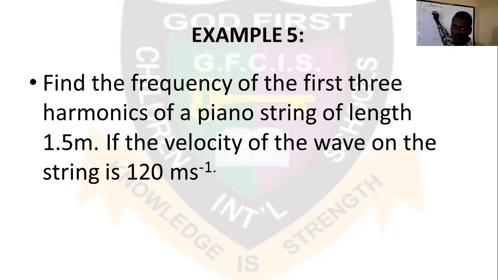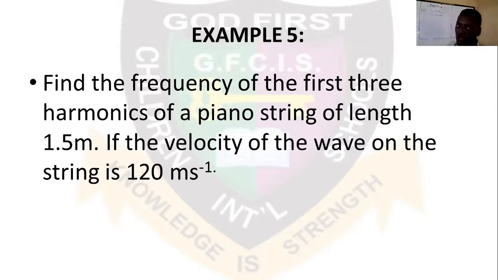The parameters given to us is length has been given as 1.5 meter, length of the string. So we need to get the wavelength when the string starts vibrating. The velocity is equal to what? 120 ms minus 1.